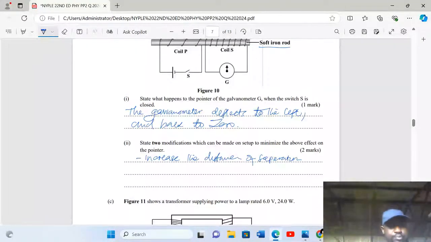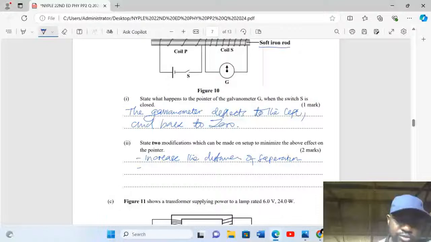That is the first one. The second one, remove the soft iron rod.